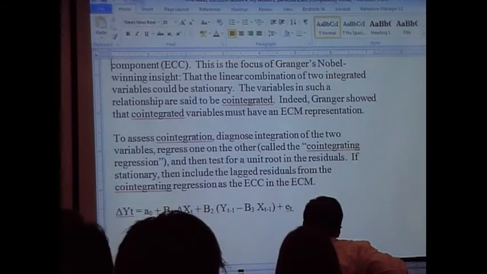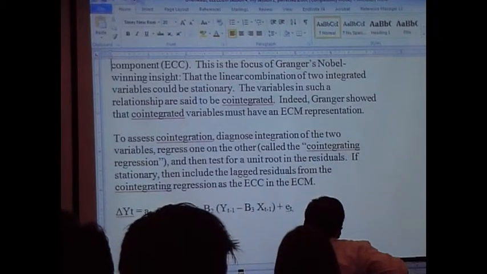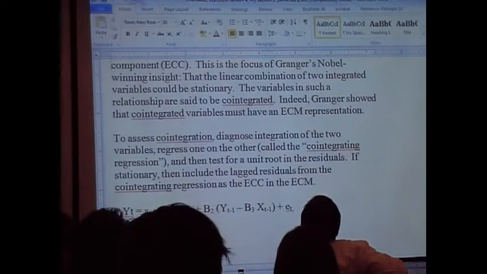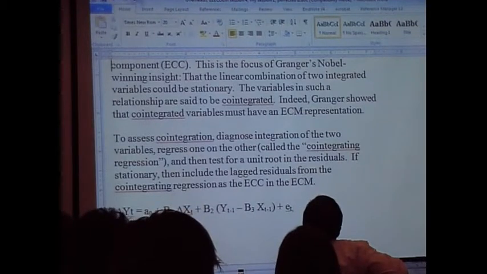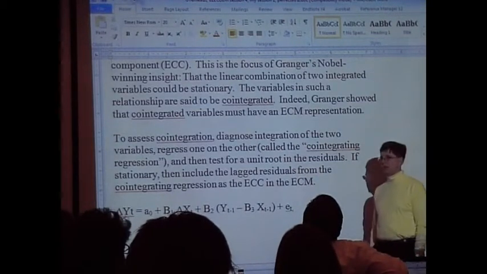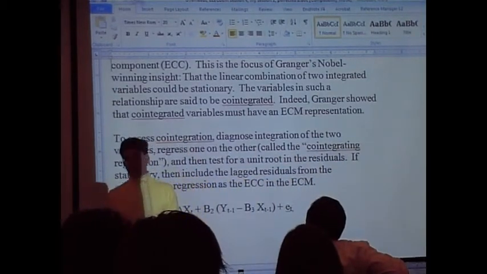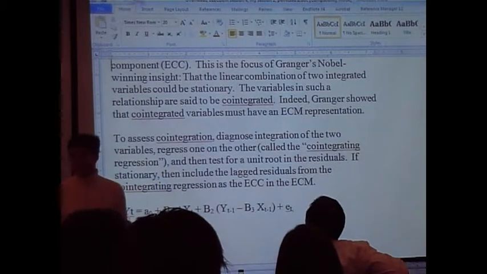This is the focus: Granger's Nobel-winning insight that a linear combination of two integrated variables would be stationary. This is really, really critical. It's very easy now. And when that's true, the variables are said to be co-integrated. What is a linear combination of two variables? If you run an OLS regression of y on x, you have combined them, and when you generate the residuals, you have a linear combination.